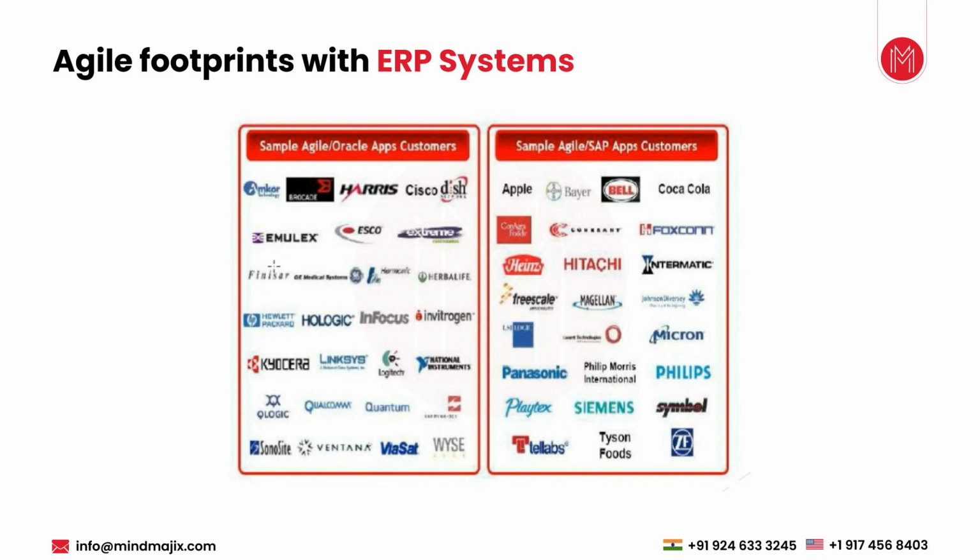And on the right hand side, you can see Agile along with SAP, which makes a complete suite, and these are some companies which are using that sort of combination. This is again just for information, nothing to remember.